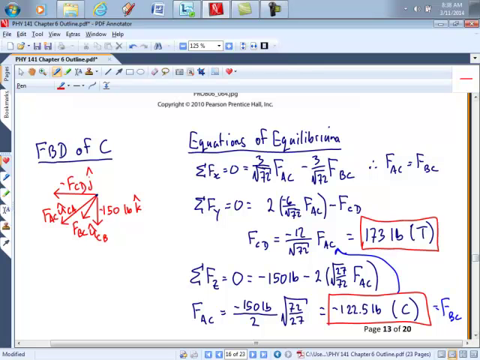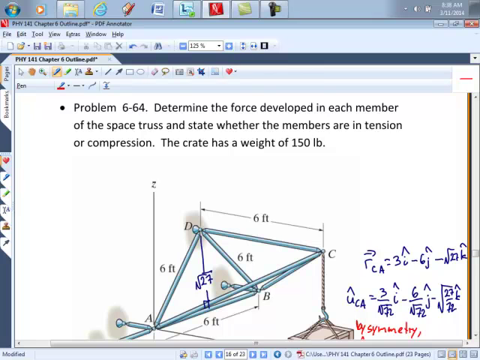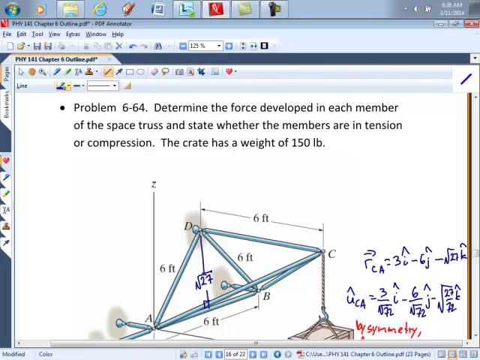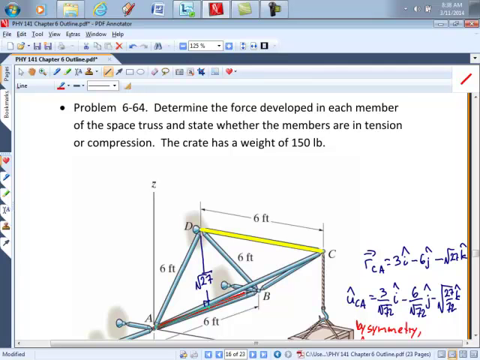All right, so we found the forces of those three. Let's just highlight them. So this one was in tension. These two were both in compression. So there's still three members of the space truss.